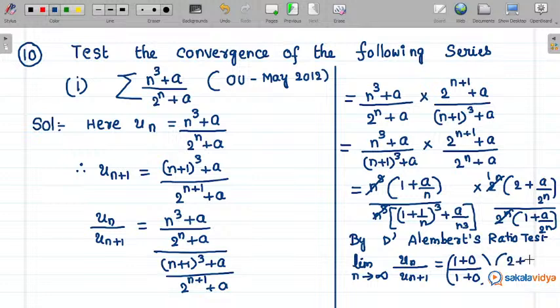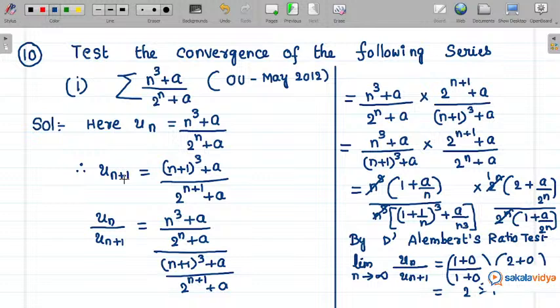So 2 plus 0 by 1 plus 0. So obviously you will be getting 1 into 2, 2 by 1 into 1, 1. 2 you will be getting, which is greater than 1. So limit n tends to infinity, un by un plus 1 is equal to 2, which is greater than 1. So then the given series, sigma un, is convergent by D'Alembert's ratio test.